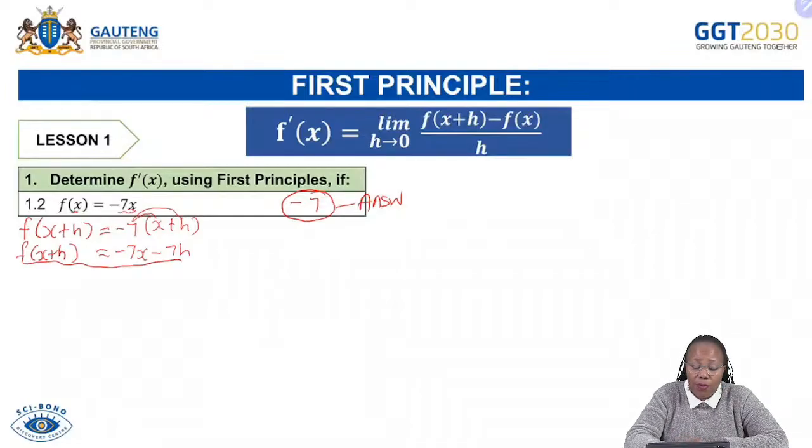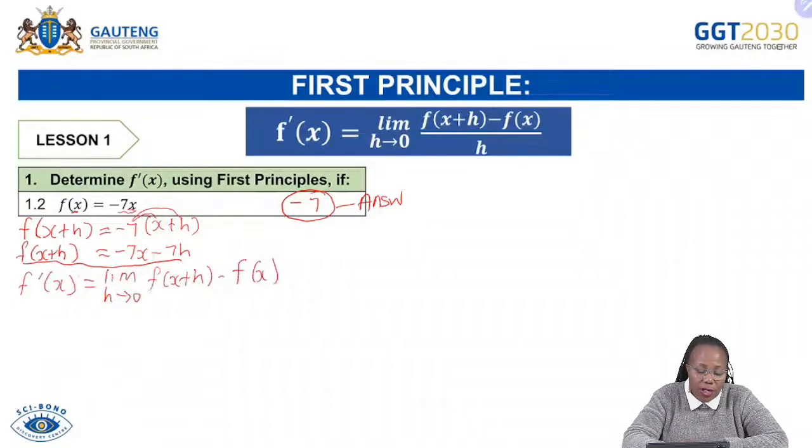And then from there, we go into the formula, f derivative of x, where the limit of h is approaching 0, of f at x plus h. Remember, you need to copy first the formula correctly from your formula sheet before you can do any substitution.